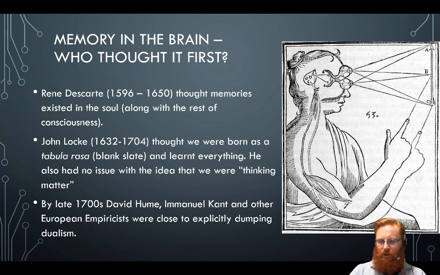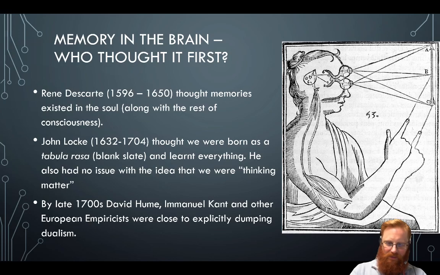Then John Locke, a big time philosopher, came up with this sort of idea that we were born as a blank slate, tabula rasa, and we learned everything. And that was sort of one of his big contributions to philosophy.